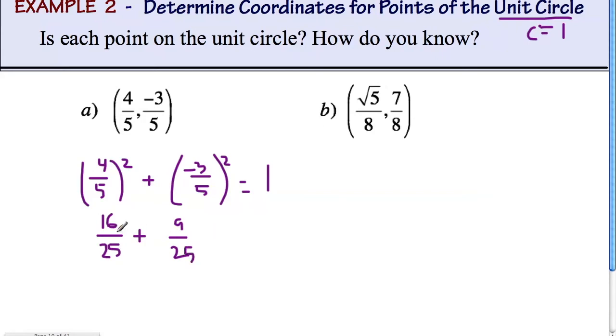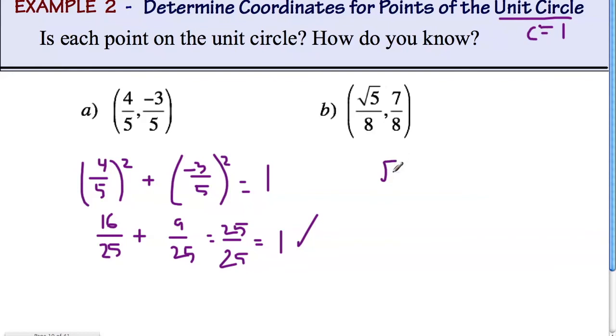And then we add the numerators, because our denominators are already at 25, so we don't have to create one. And we get 25 over 25, which equals 1. So happy, yes.